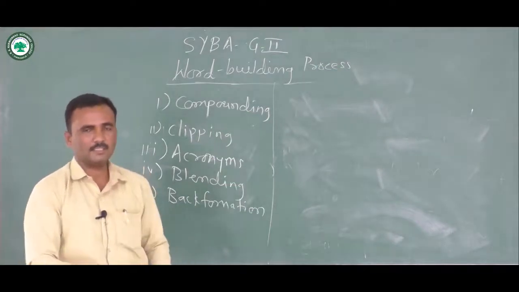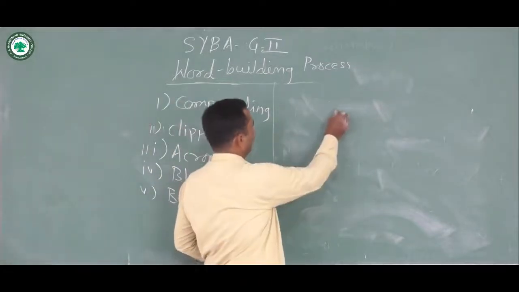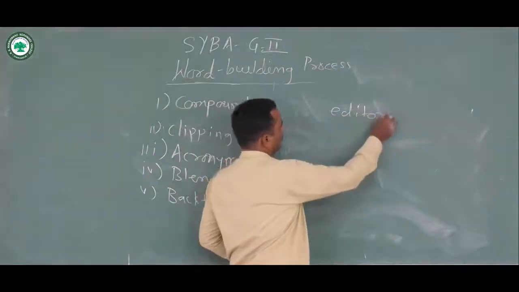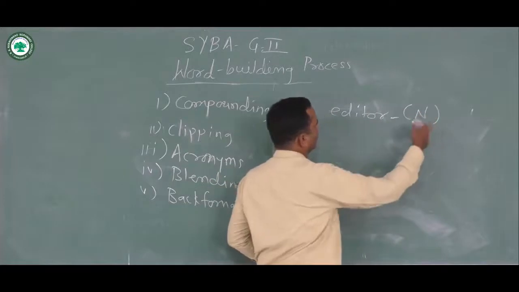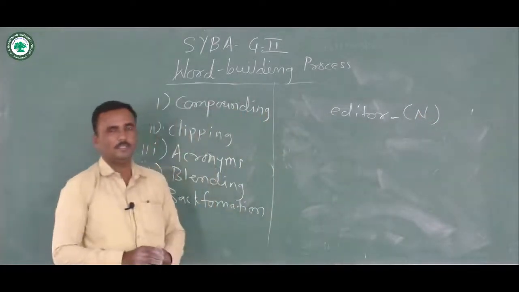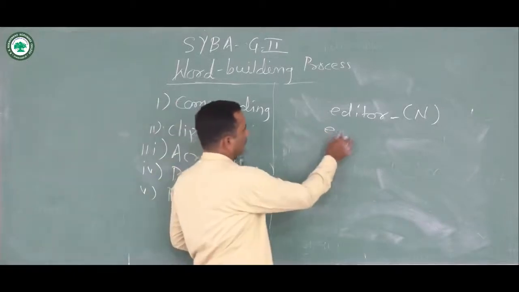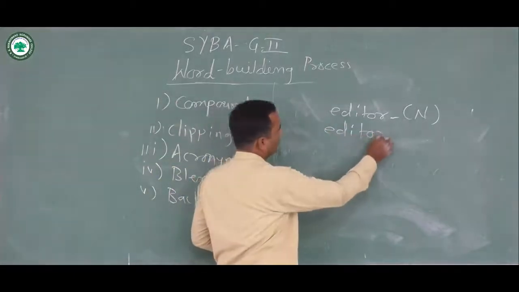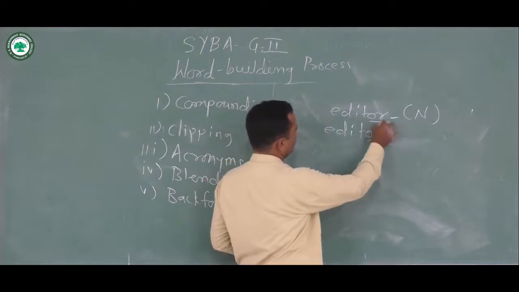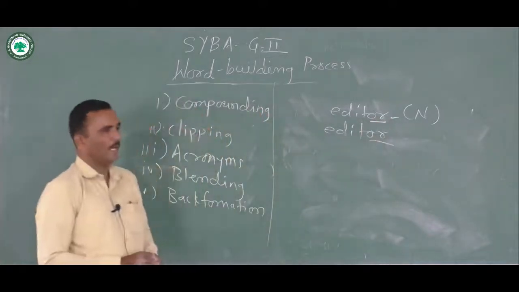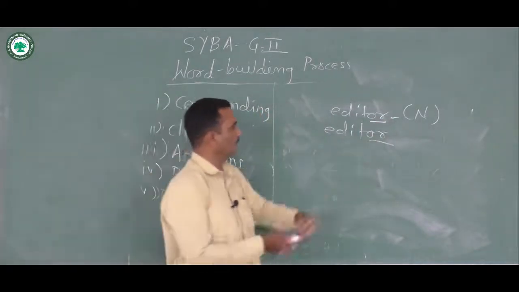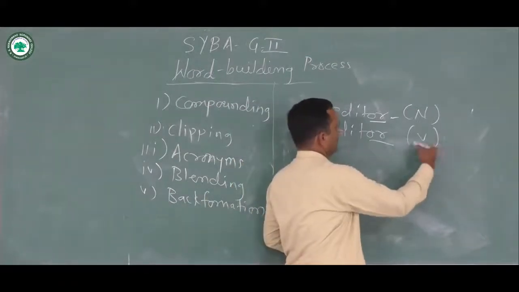Now let us discuss this with an example. Look at the word editor. So we all know that editor belongs to noun. Its class or category is noun, but it can become a verb when we delete the morpheme or. It will become a verb now, that is edit.